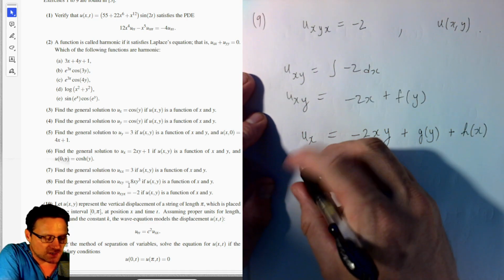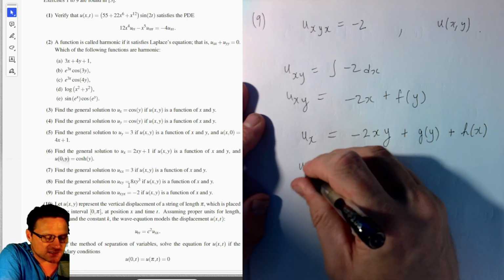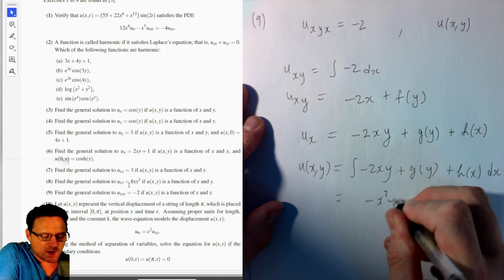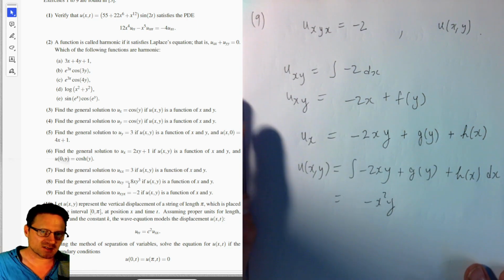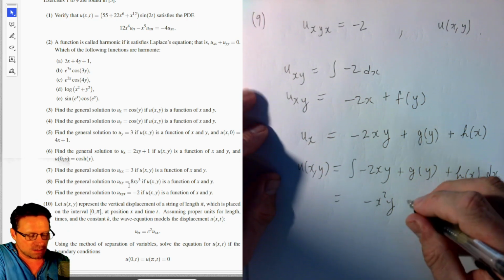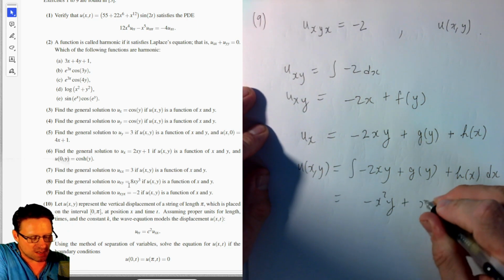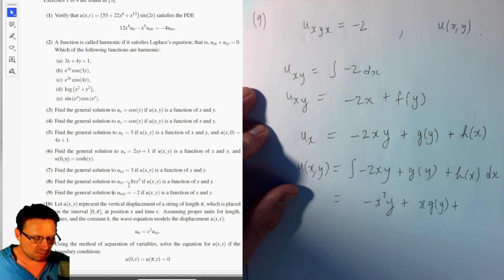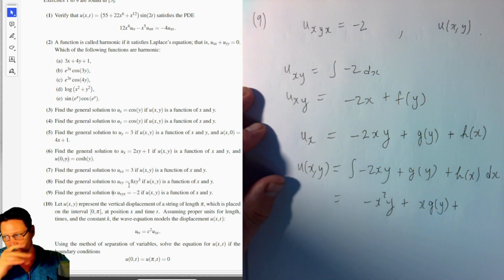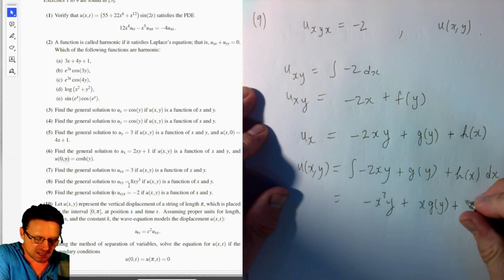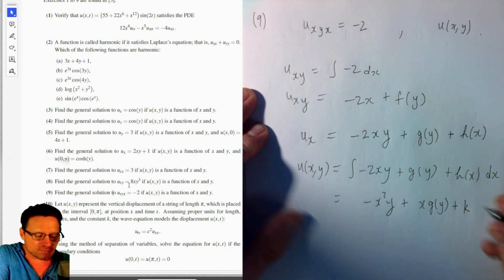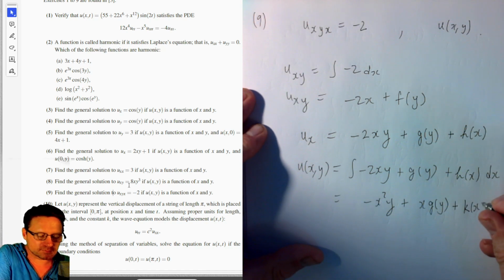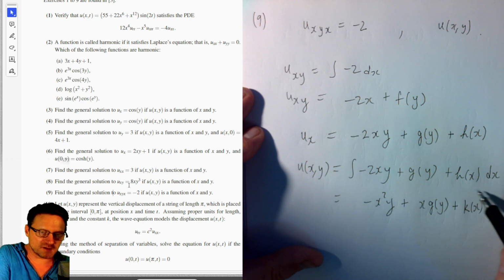All right, now integrating this with respect to x, we have minus x squared y for the integral of -2xy. We have plus x g of y, and then what comes after h? I, but that's a bad letter to use. So let's use k of x for the integral of h of x.